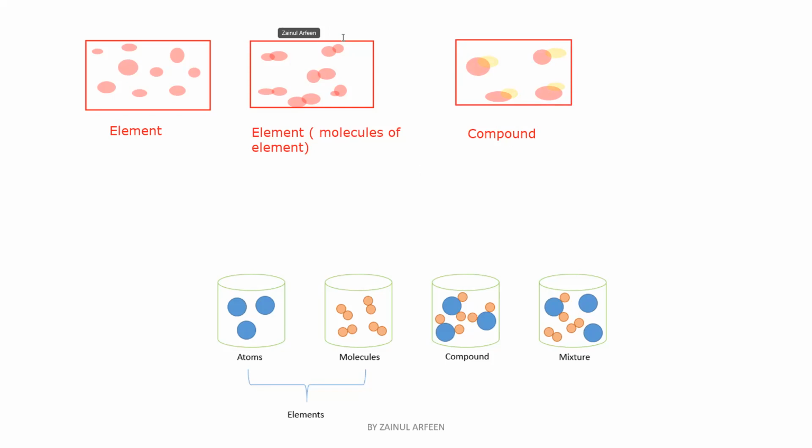And when we have different types of compounds together, what do we call that? We call that a mixture. We can have different types of elements, different types of compounds mixed together. We call them a mixture. For example, this is one type of compound, and then another type of compound.